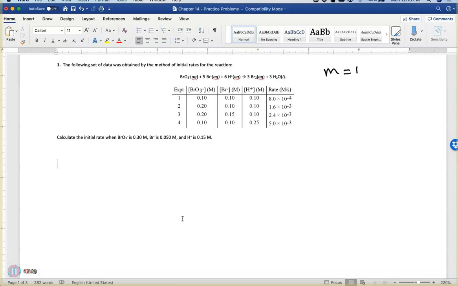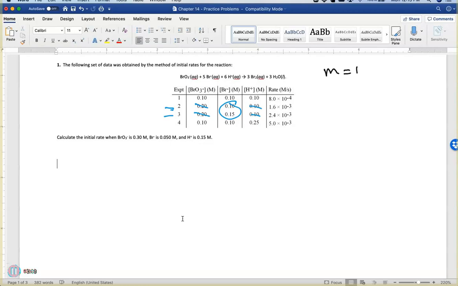How I want to attack that is try to figure out which experiments will cancel out the contributions from this reactant and that reactant. So if I look here, if I compare experiments 2 and 3, the concentrations of BrO3 minus are the same, and the same is the concentration for H plus, leaving Br minus to be the variable.